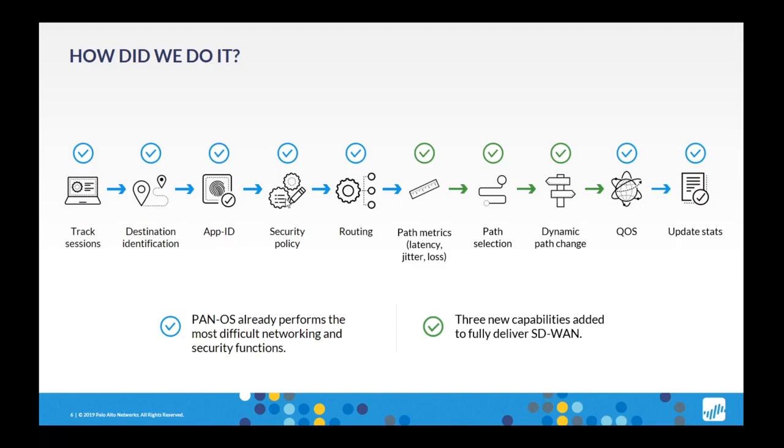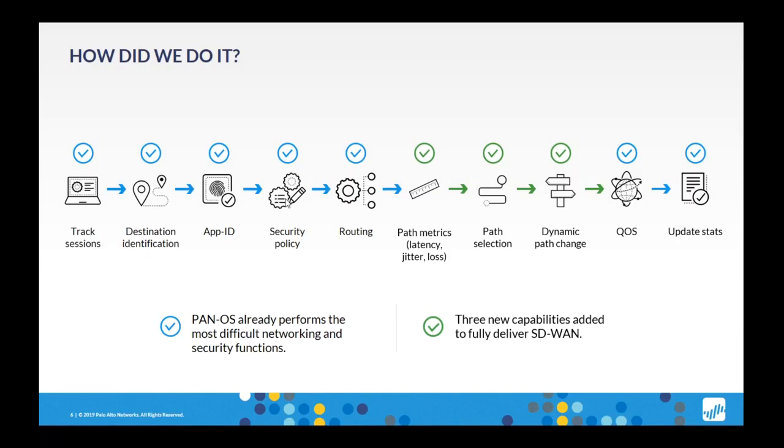Based upon the quality of the link and the requirement of the application, you can define which applications are mission critical and which need high bandwidth. Based upon the links available and their health, you can select what kind of link should be taken to route the application traffic.